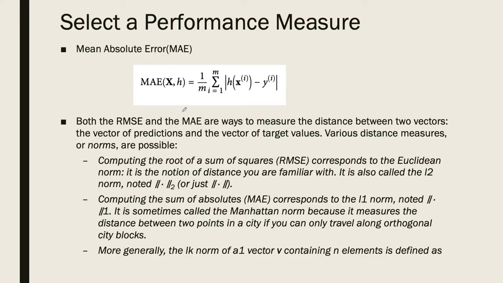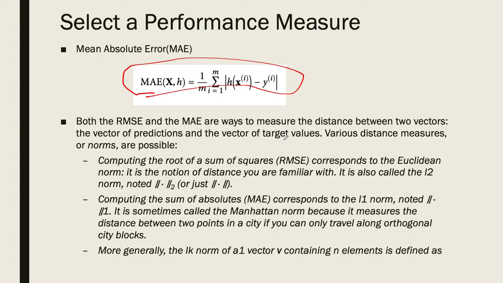Okay, the mean absolute error is given by this mathematical representation. As compared with the RMSE, the MAE are ways to measure the distance between two vectors: the vector of predictions and the vector of targets. So you have the target values that will help you do the predictions.